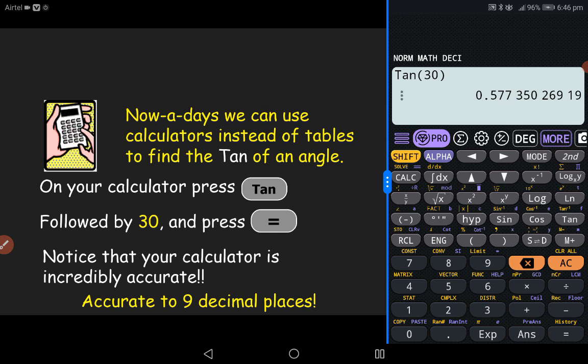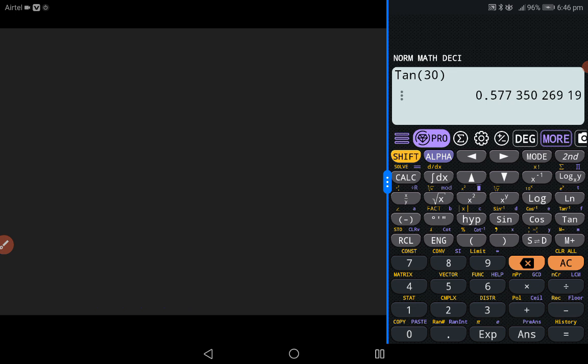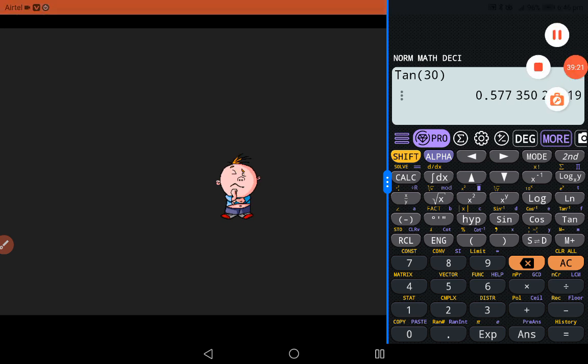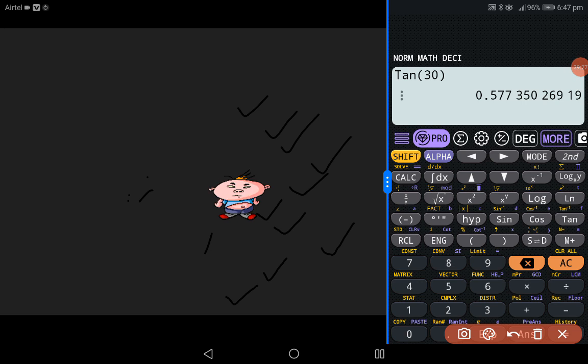That's how you would find the tangent of an angle. First press tan on your calculator, followed by the given angle, and then you get the value which you want, which is 0.6. If you round this off to 1 decimal place, you will find that it gives you 0.6.